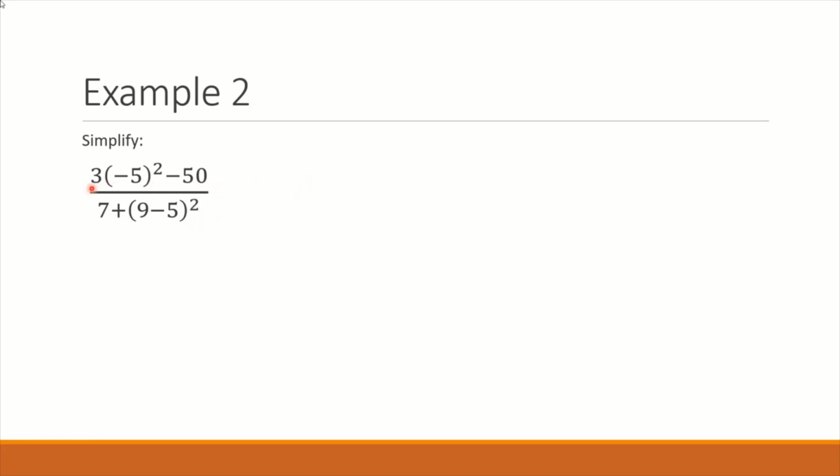Now the fraction bar acts like a division sign, but it's separating the numerator from the denominator. So it's acting like a grouping symbol. So the easiest way to do this is to separate the numerator and denominator and actually work them out separately.